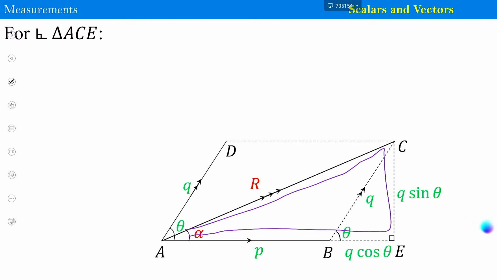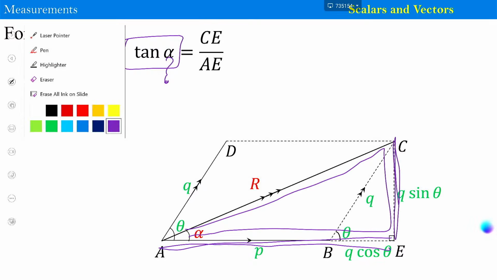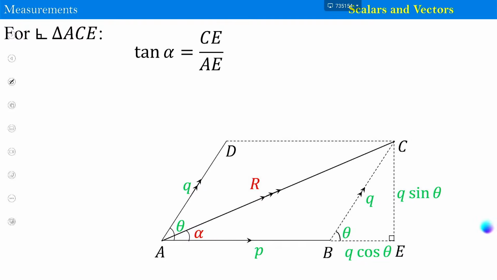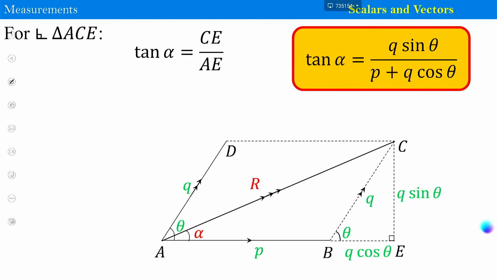So we use the same triangle one more time and write tan alpha. Why? Because we want to find alpha here. Tan alpha is CE over AE, where AE is AB plus BE. CE is Q sine theta. So you can add them here, and we have the formula now.